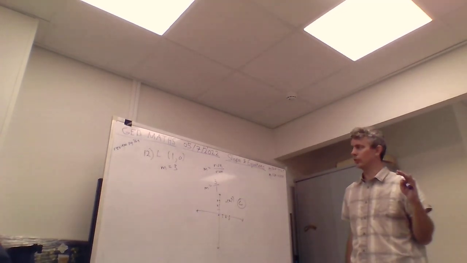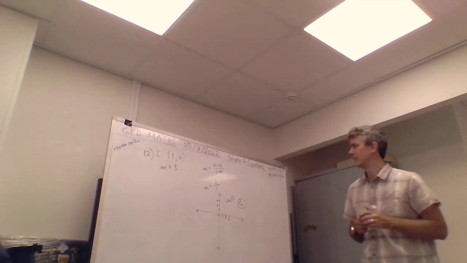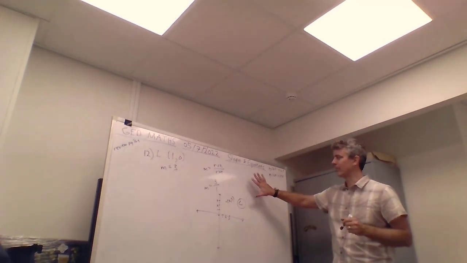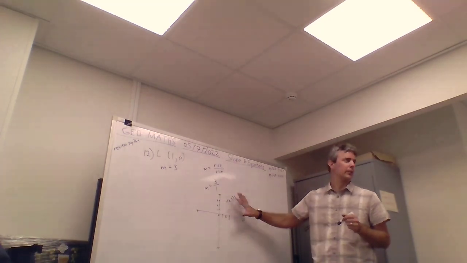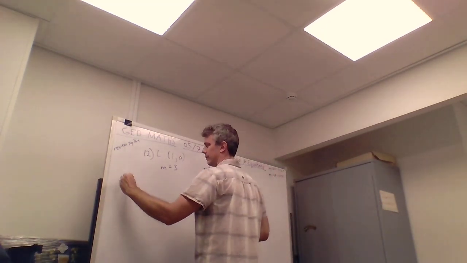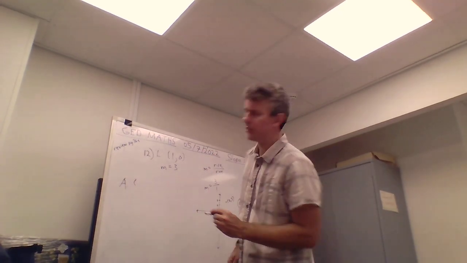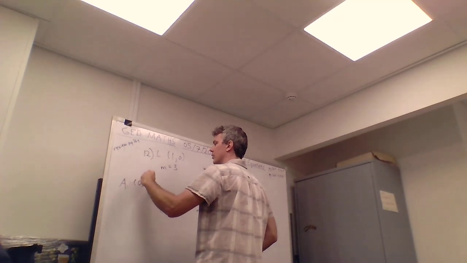There's another way you could do it, which is to solve each one. Right? I like the first way because it's kind of like just thinking about what is the slope. But the other way you could do it is we say, okay, A we have points 0 and 3.